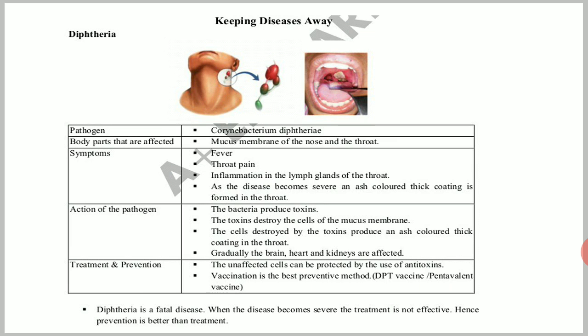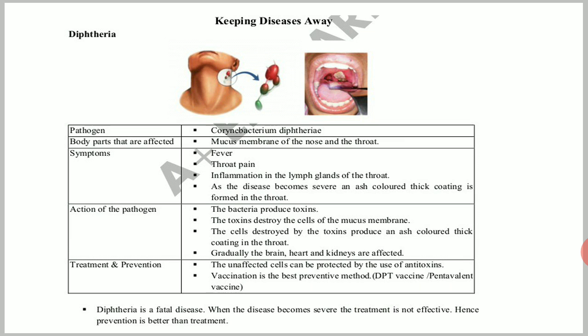Diphtheria pathogen is Corynebacterium diphtheriae. Then how it is transmitted. This is transmitted through the cough and sneeze of the patient. The patient coughs and sneezes, and through the air it comes to the next person.